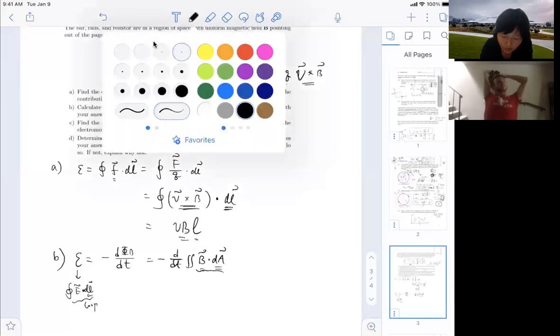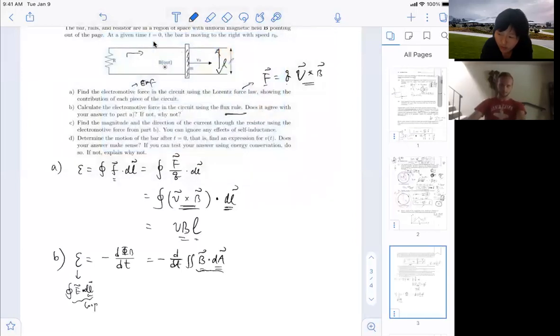What kind of loop will give me that? I need a dl that is counterclockwise. So dA is upward, which means my dl should be counterclockwise.